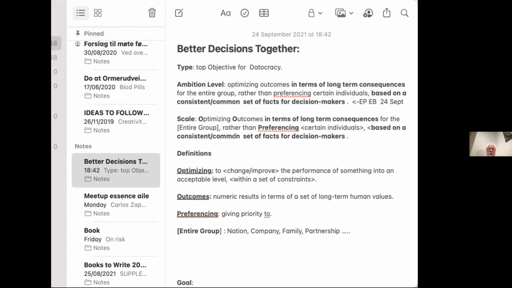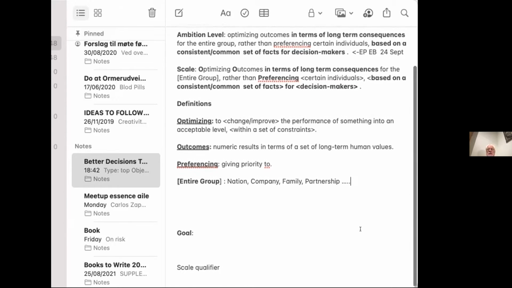I need to deal with the common set of facts for sure. And I need to deal with decision makers, which is a set. But I'm not going to do them just now. If we had more time, we would do them in the same way I'm showing. But let me show you what I do with this stuff. That's the important thing.